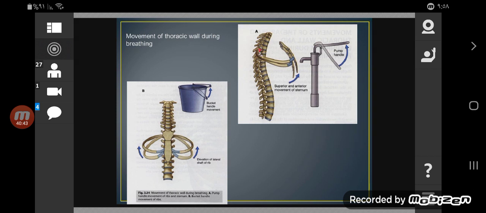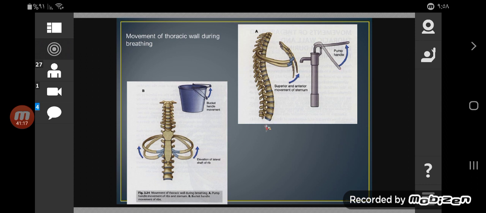Another movement is related to the movement of the rib and, after that, elevation of the sternum. You can see the sternum is elevated antero-superiorly, moving anteriorly and superiorly, and because of this the antero-posterior diameter is increased. This is the pump handle movement.